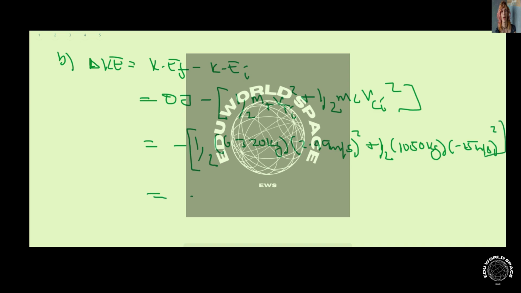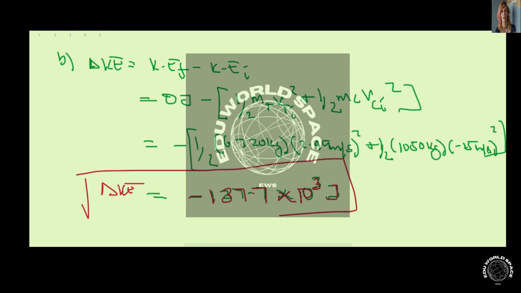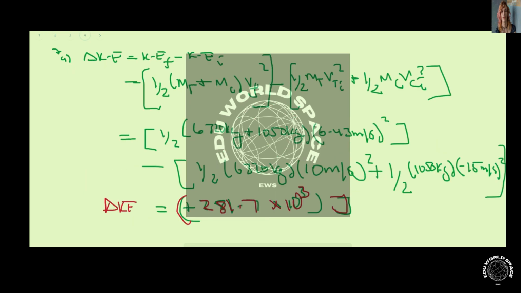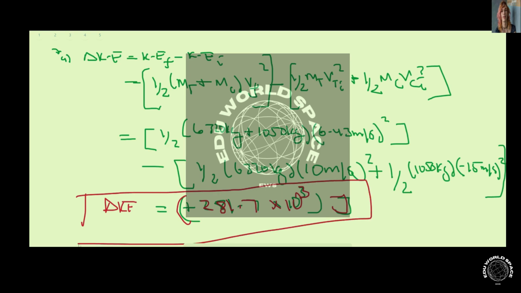When you simplify that, you get negative 137.7 times 10 to the 3 joules. That's the change in kinetic energy in the second case. And so we can conclude, as they were asking in the problem, that the change in kinetic energy in the first case is greater than in the second case.